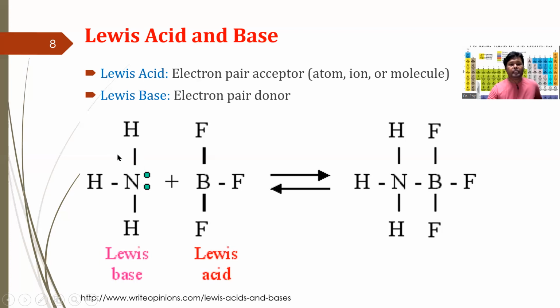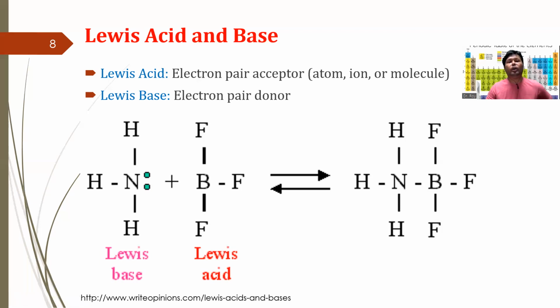Therefore this ammonia is donating one pair of electrons. So we define ammonia as a Lewis base because it is donating a pair of electrons, and boron trifluoride, which is accepting a pair of electrons, as a Lewis acid. So it is defined oppositely.